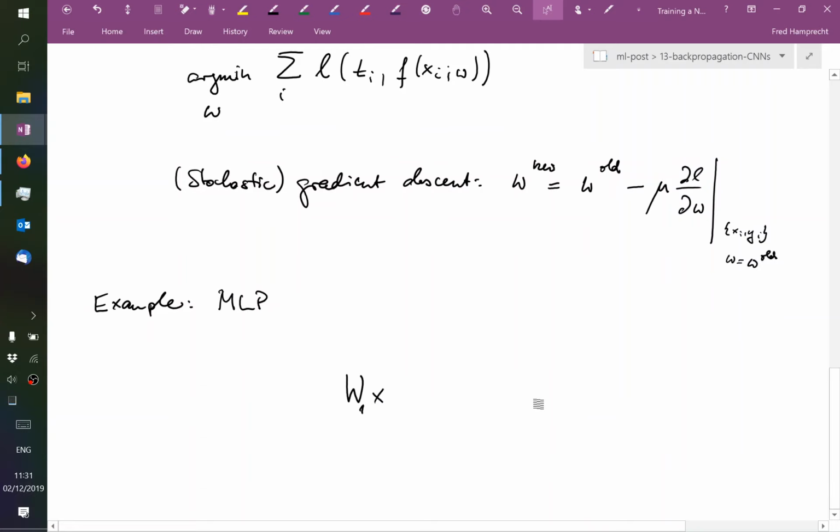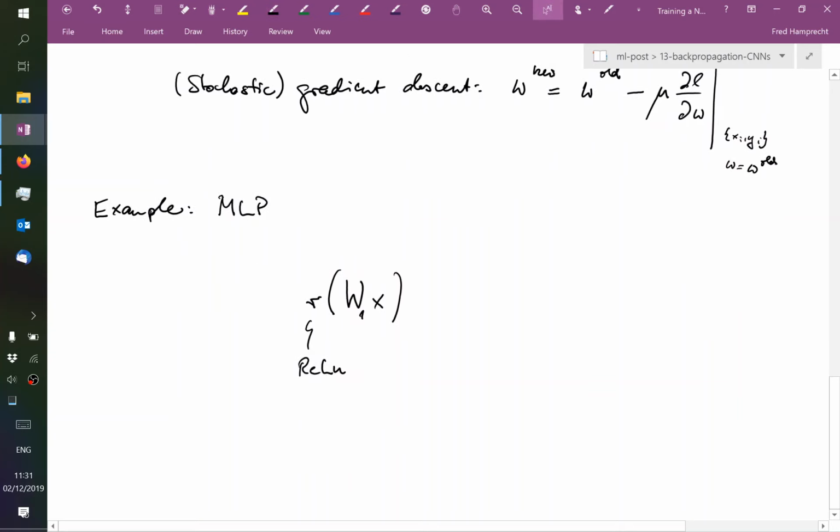So this is, let's say, if X is a column vector, then this would be a matrix which in its rows has the representations or the direction of the different perceptrons. Then we need a nonlinearity. And a very typical nonlinearity inside a neural network is the ReLU. So I'm writing small r here for the rectifying linear unit. You remember this was the thing which leaves positive inputs unchanged and sets negative inputs to 0.